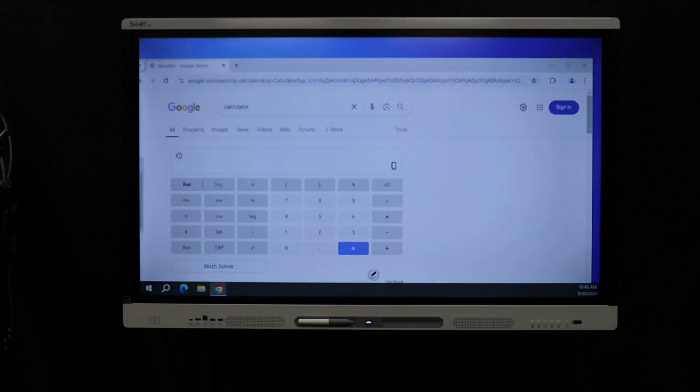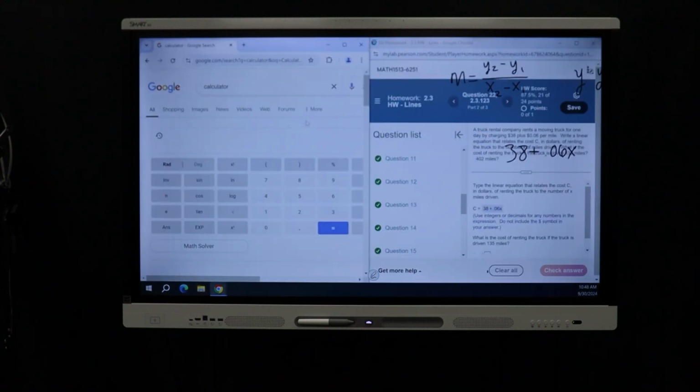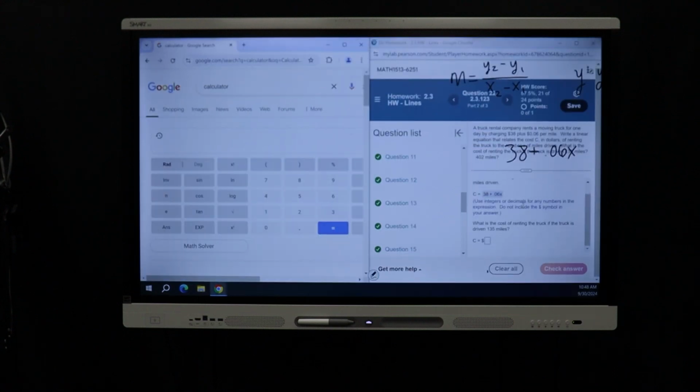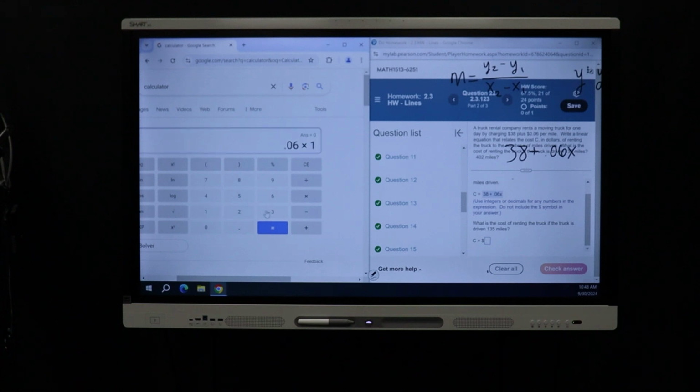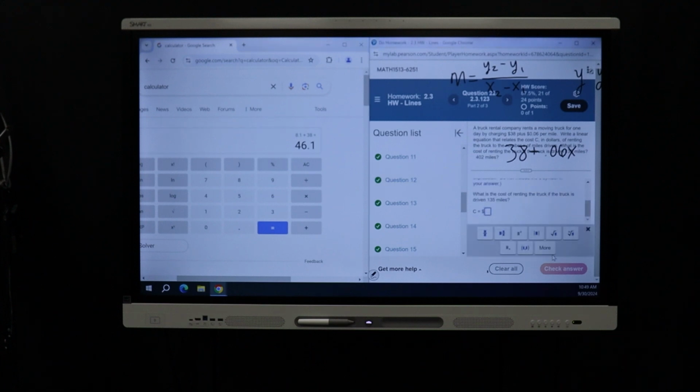Okay, so we're going to put 38 plus 0.06 times 135. 0.06 times 135 equals 8.1, and then we're going to add that to our 38, so 46.1, $46.10.